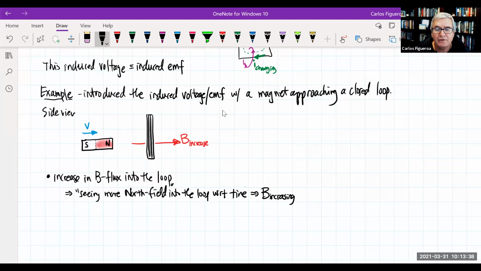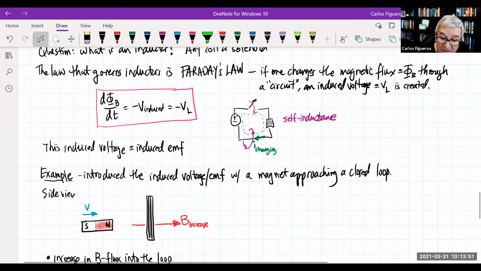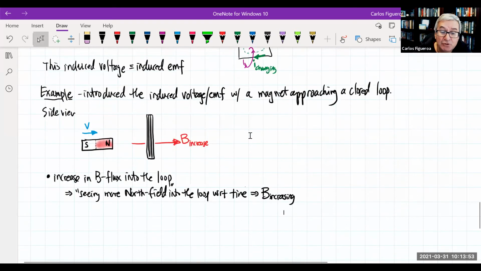So according to Faraday's law, if I have an increase in magnetic flux, then the coil with its self-inductance is going to produce a field that's going to oppose this change. So in other words, Faraday's law tells us that there's going to be an induced magnetic field in the opposite direction.